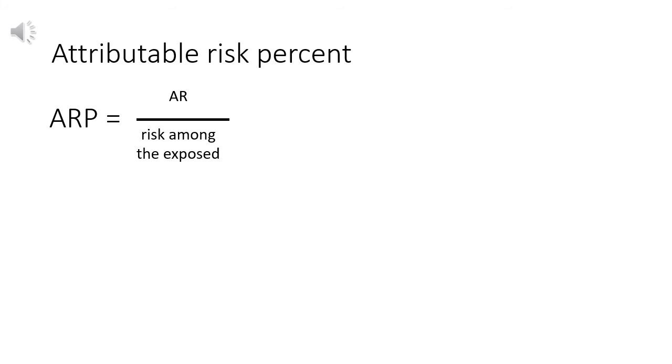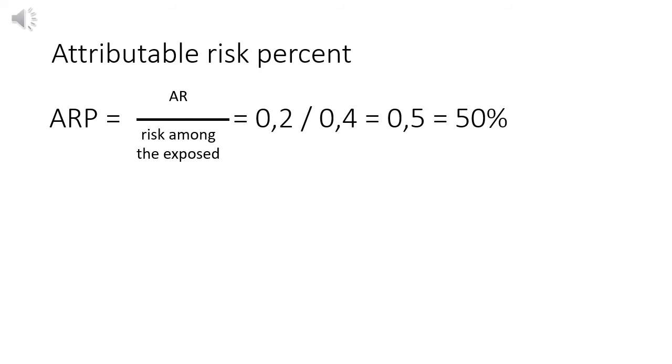The attributable risk can also be expressed as percentage. In this case, we call it attributable risk percent. It is calculated as follows. In the numerator, there is attributable risk, and in the denominator, there is the risk among the exposed.